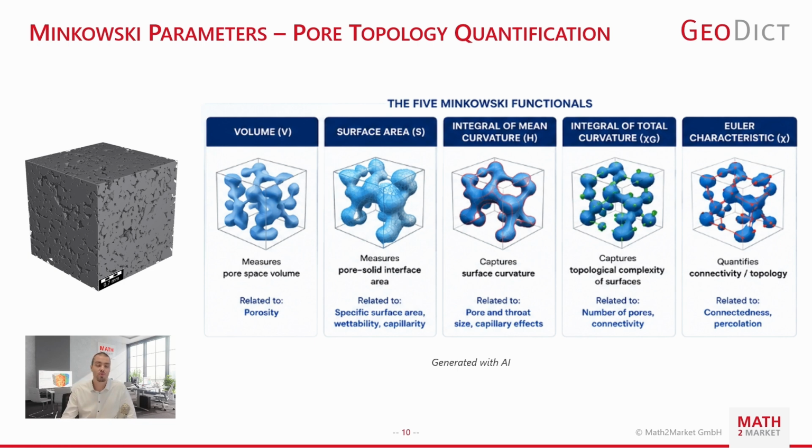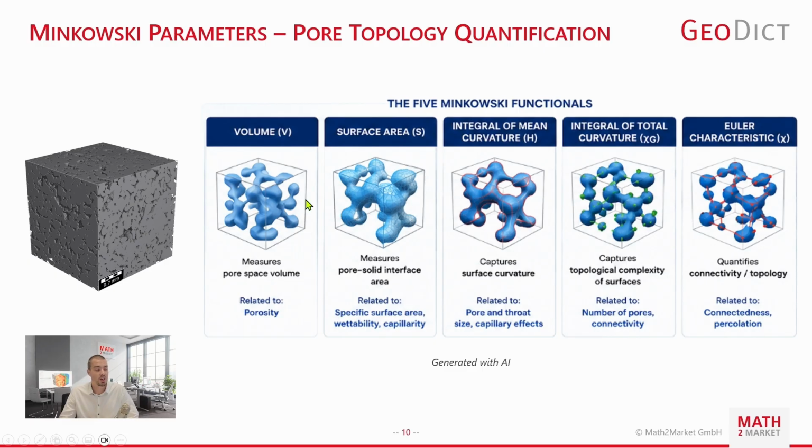I assume also that most of you have heard or even used the Minkowski parameters in your porosity analysis. Anyway, I wanted to bring up this topic as we see that they are quite useful in relating the pore space, pore topology, and geometry to different reservoir flow relevant properties like absolute permeabilities or capillary pressure curves.